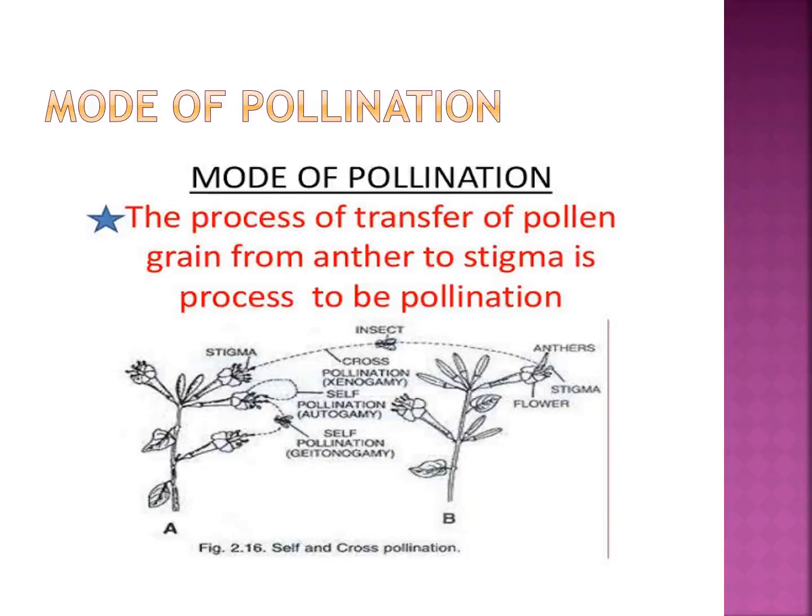So self pollination is autogamy, and cross pollination is xenogamy. In cross pollination, the insect is very useful for pollination of these flowers.